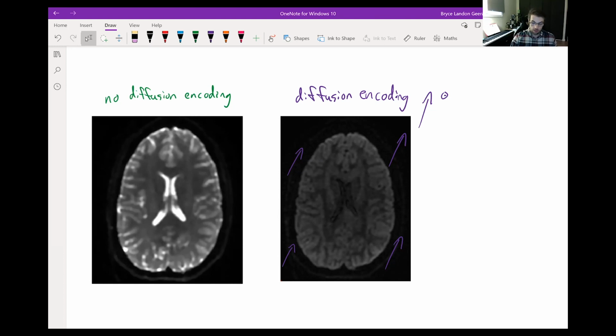And this one, let me just write it down here. So this is a b equals 900 scan. So in that normal range, and already there's quite a bit of signal dropout. Now I've drawn these arrows on here to highlight my guess as to the direction of diffusion that has been encoded in this image.